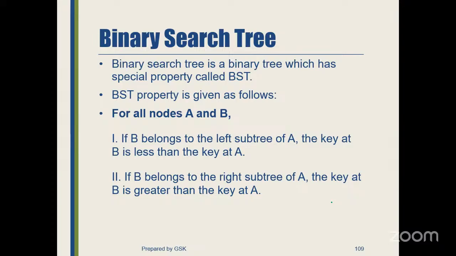So if we have a root node A and B, whatever values we have in the left subtree must be less than the root value. Whatever values we have in the right subtree must be greater than the root value. So this is the rule about the binary search tree.